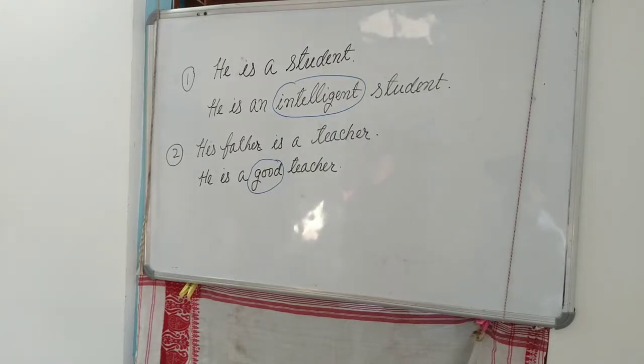When we read this sentence, he is a good teacher, we get some new information about the noun teacher, but we have not got that new meaning when we read the first sentence, his father is a teacher. We simply know that he is a teacher. But when we read the second sentence, we get new meaning to the noun teacher, new information about the teacher.